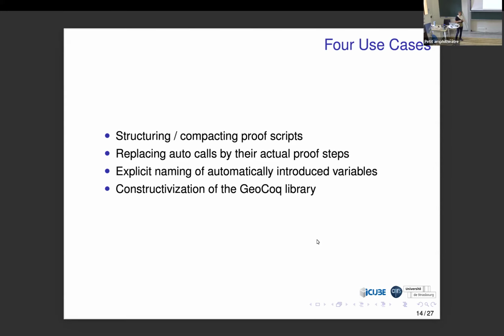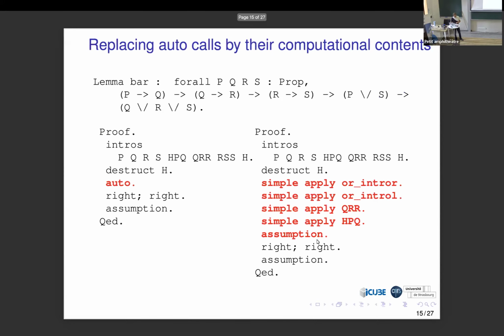So putting explicit names makes it easier to implement, but maybe it's not the best approach. And the fourth possibility is to work on some global proof transformation, which is, for instance, the constructivization of the Geocoq library. Here I wrote Geocoq and not Georoq.